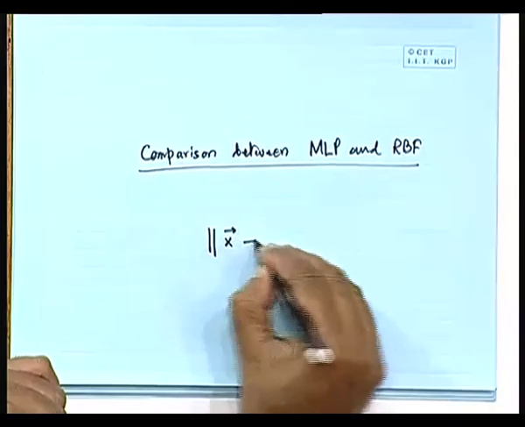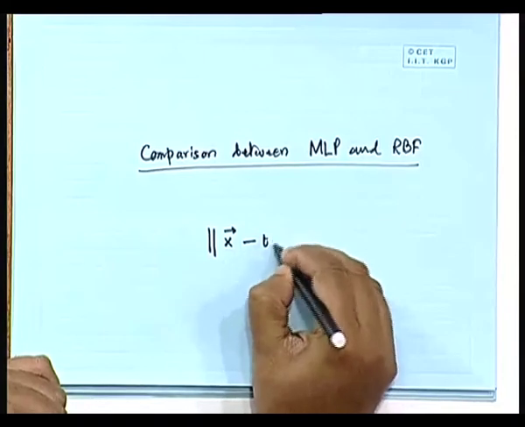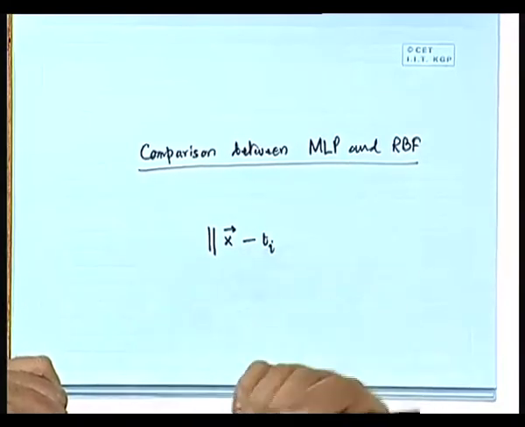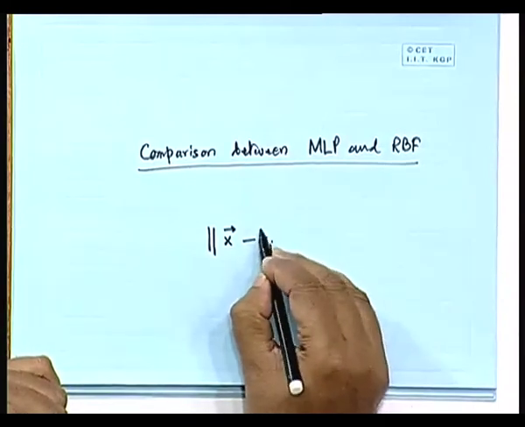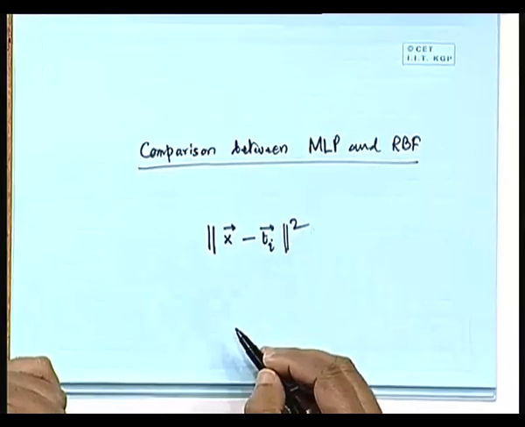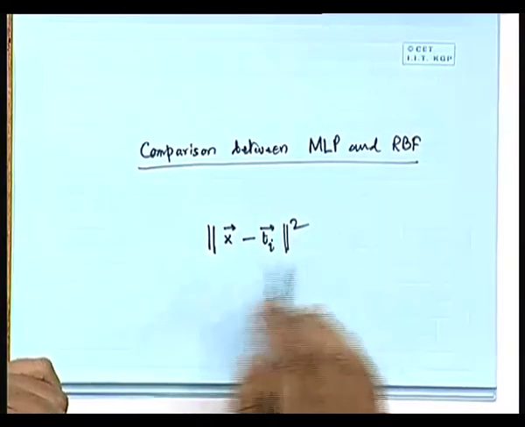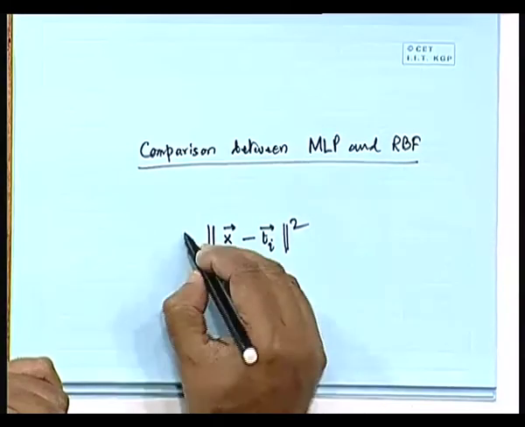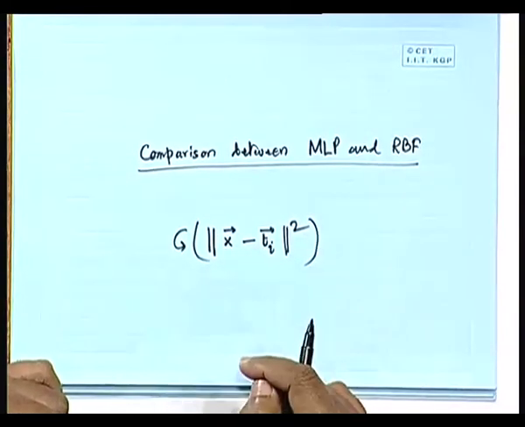So, if the Ti vector is the center of the Green's function, and x vector is the input vector that we are feeding, then the squared Euclidean norm of x minus Ti, where Ti is the ith center, we were considering as an argument to the Green's function.